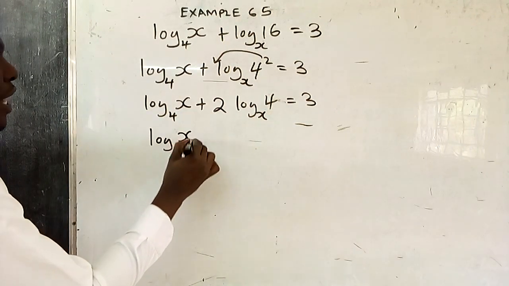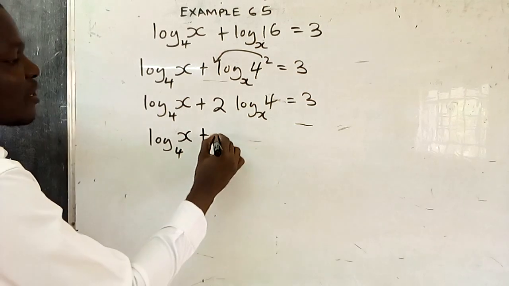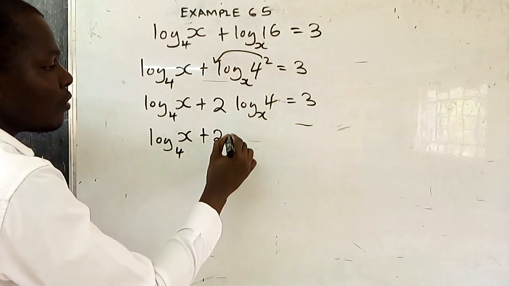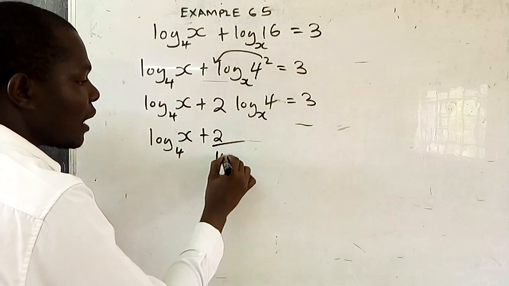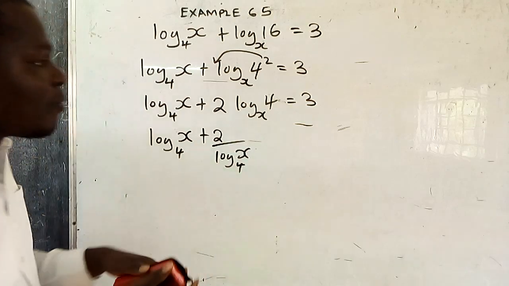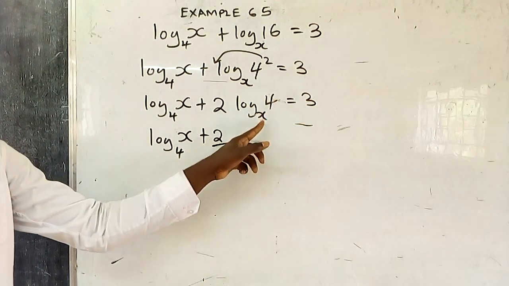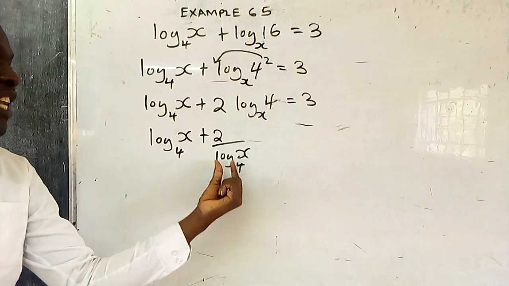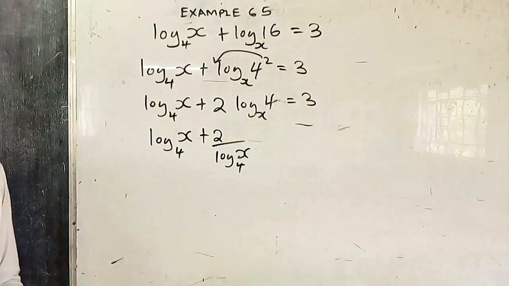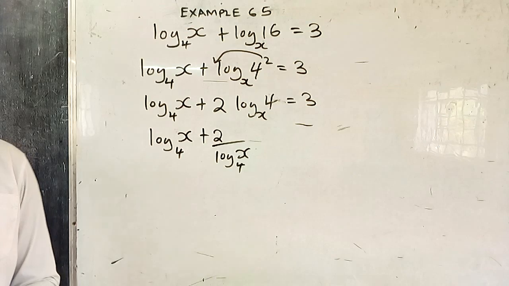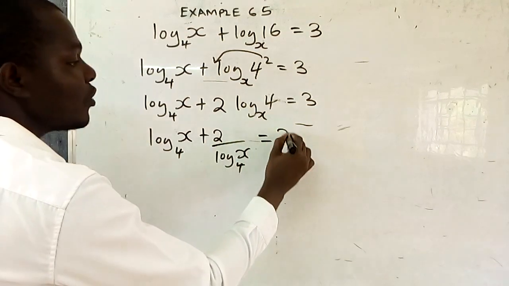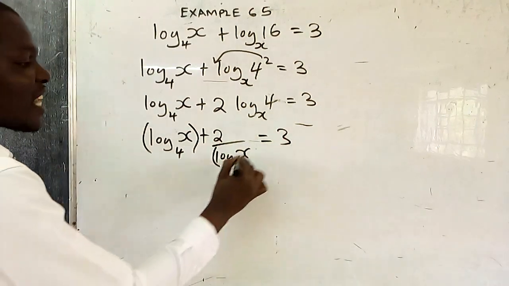So what do we have here? Here we have log x to base 4, then plus 2 into 2 over log x to base 4. Because it is the reciprocal, log 4 to base x, when you take the denominator, it now becomes log x to base 4. Are you seeing that? Then the reciprocal to be equal to 3. So you can see this is now the same as that.